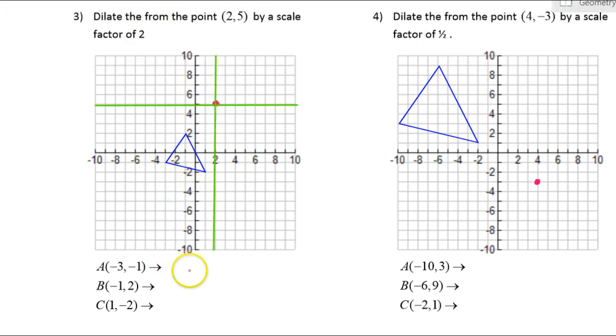Okay, so point A, based on the new set of axes, will now be the point, let's see, negative 5, comma, negative 6. And then point B, which is right here, is now going to be, let's see, left 3 and down 3.